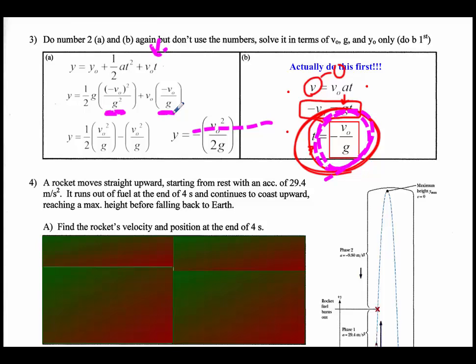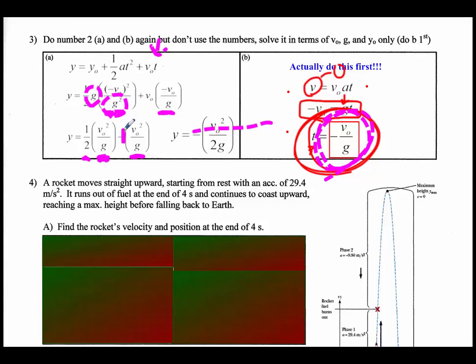The g squared here with the g here cancels out to just g. Now we have a common denominator, so you can add those together. So 1/2 of V0 squared over g minus V0 squared over g. It's understood that this is basically a 1, so negative 1 plus 1/2 gives us negative 1/2.